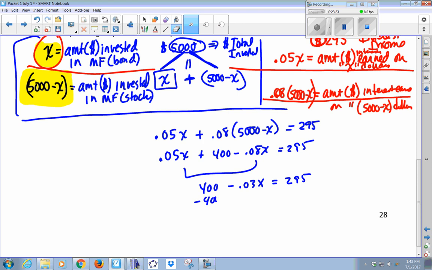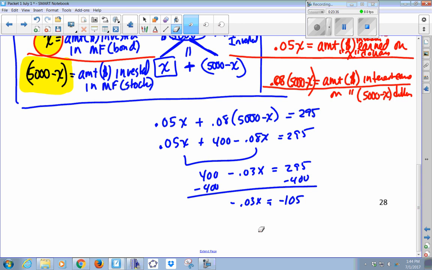Subtract 400 from both sides, and you get negative 0.03x equals negative 105. Don't be nervous because of the negative sign here, because when you divide both sides of this equation by a negative amount, you get positive. Negative 0.03, divide both sides by negative 0.03, and x is 3,500.